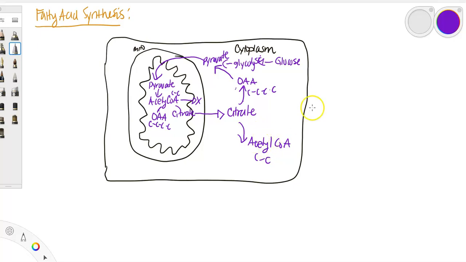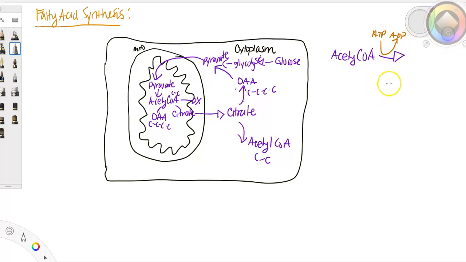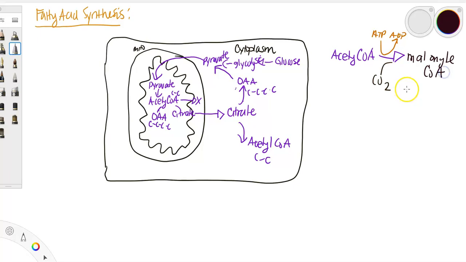So acetyl-CoA, this is occurring in the cytoplasm, but acetyl-CoA, through the use of ATP, and of course we'll release a CO2, will become malonyl CoA.